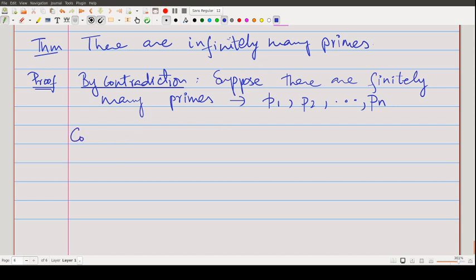And so consider the number q, which is found by multiplying P1 with P2 with P3, we are multiplying them, up until Pn, and add 1 to this. Okay.